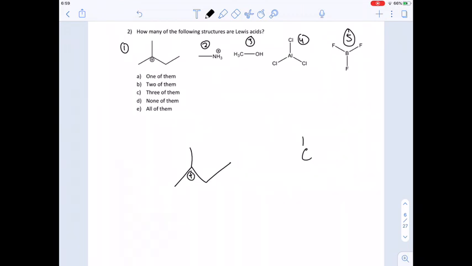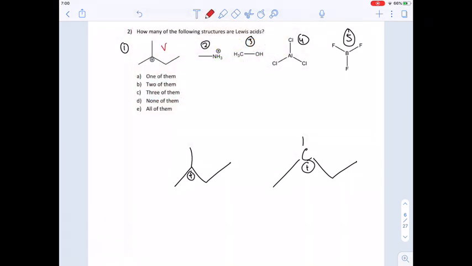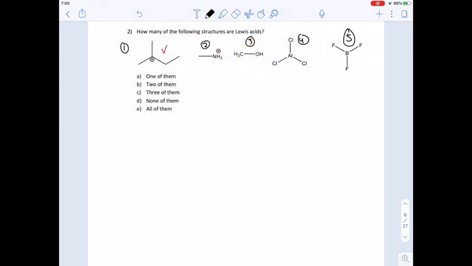Okay, so 1 is going to be a carbon that is missing the H. So this carbon is bonded to the methyl, the other side, and the other side of the chain. It literally has an orbital open where the H would normally go, and that is what's giving it the plus charge. So because it has an open orbital that can accept electrons, this is going to be a Lewis acid. So that's one of them.